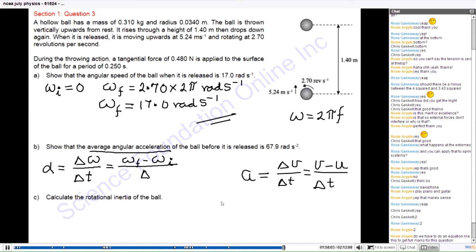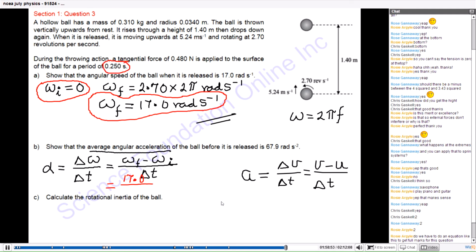And just put everything in its correct SI unit. Now looking at this here, our omega initial was 0 and omega final was 17.0 radians per second. So our delta omega is going to be 17.0 divided by the time interval, which we were told all this happened in 0.250 seconds.